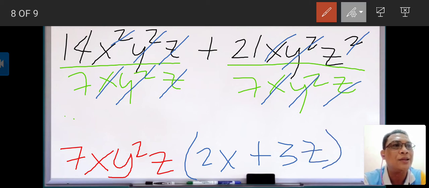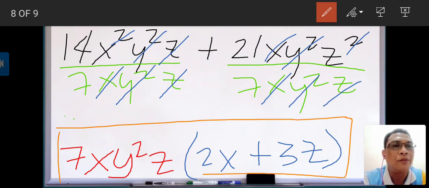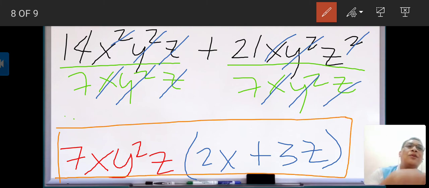So that is your factor form. So the factor form of 14x squared y squared z plus 21xy squared z squared is equal to 7xy squared z times the quantity of 2x plus 3z. Okay, that is the solution for number 1.